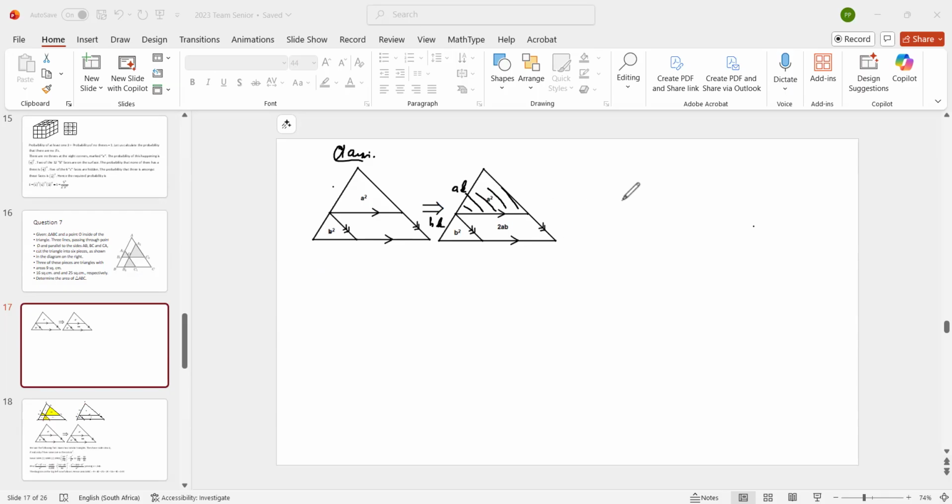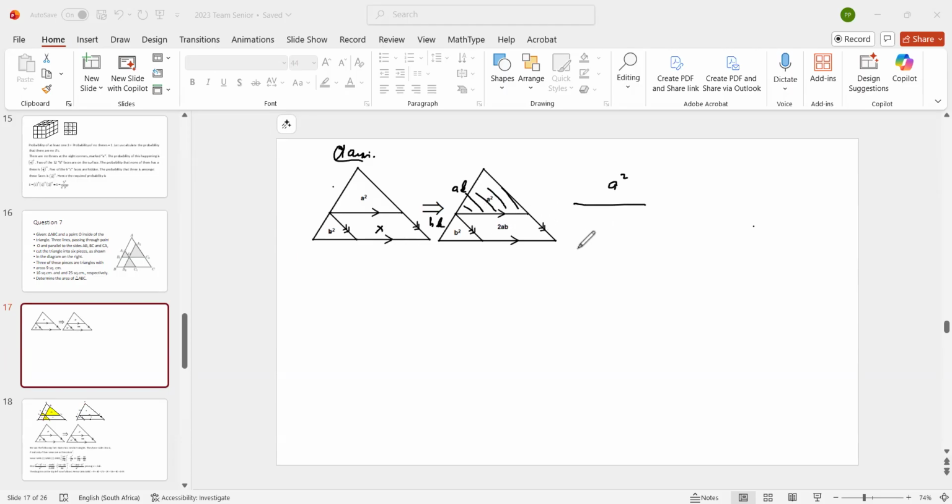So now, if you take the area of the small triangle, say A squared, that's that area, over the area of the entire triangle, we don't know what this is.